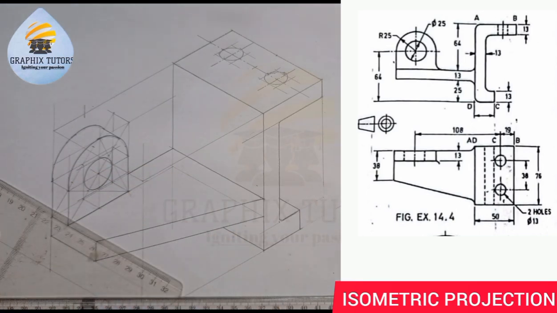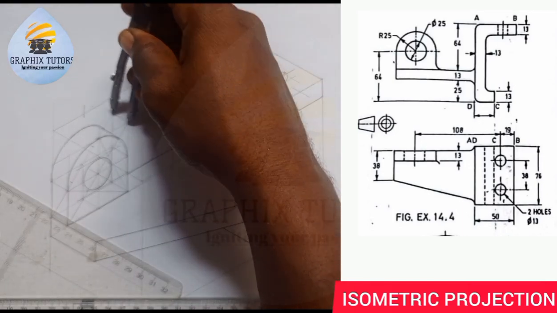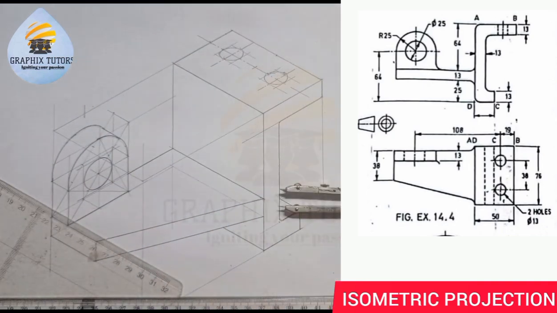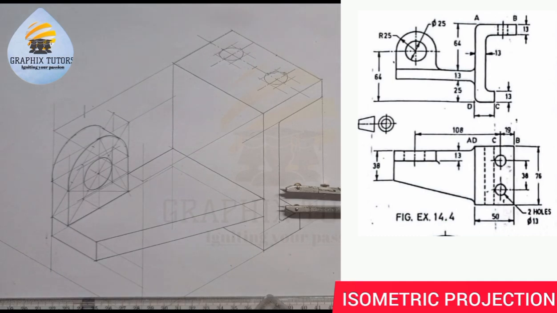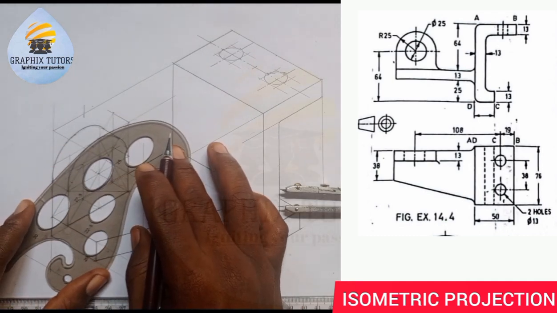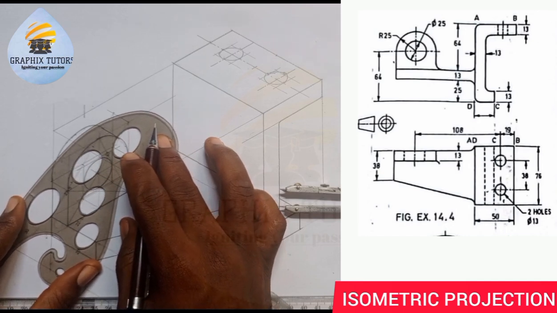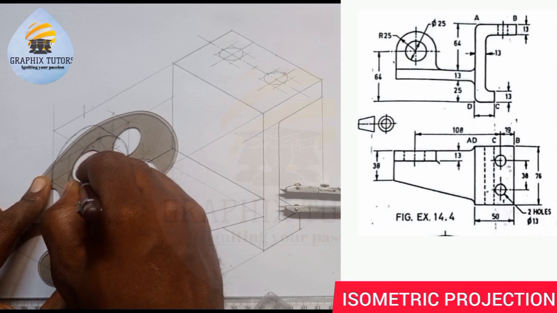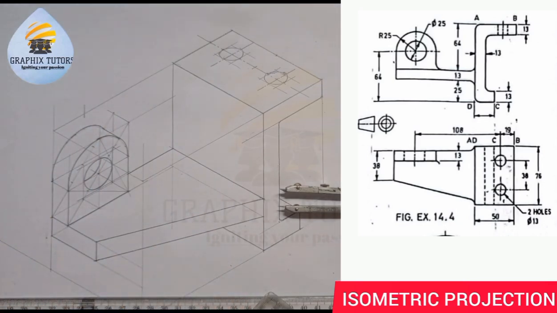Take my compass and take the thickness from here to here. Place it at this point and I'll mark. Where this point is, that is where it goes in. Remember that when I was doing this, I used this. So I'm going to move it into that point of the circle and I will have this. You can see that. That is one.